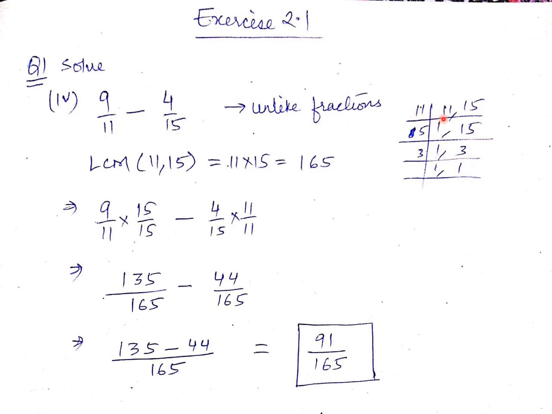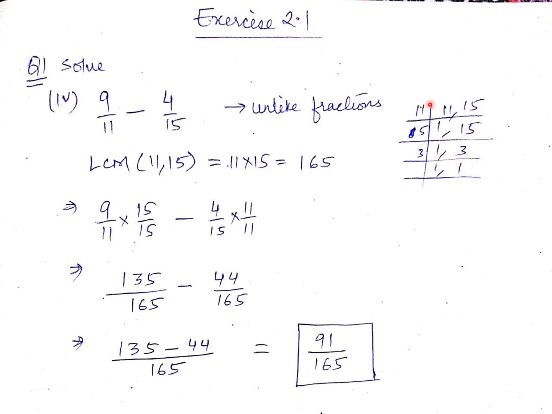So you can see I have taken the LCM over here of 11, 15. First, with 11 I have taken 11 ones are 11, comma 11 can't divide 15, so 15 will come as it is. Then I have taken 5, it is already done, the 1 has come. 5 threes are 15. Then with 3, 3 ones are 3.